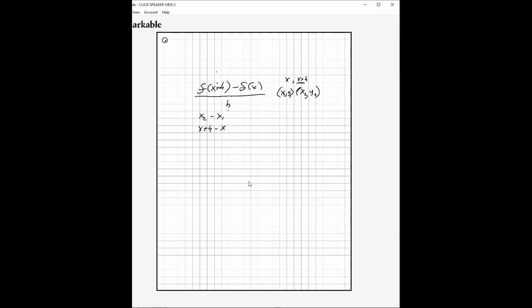And you'll see that very clearly in calculus. If the professor doesn't make it obvious, then I don't know what to say about them. But we want to know what happens when this second point gets very close to the first point.